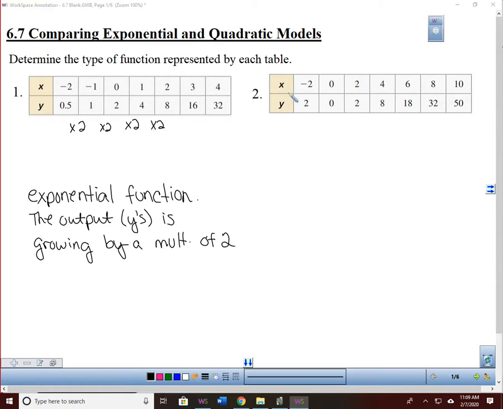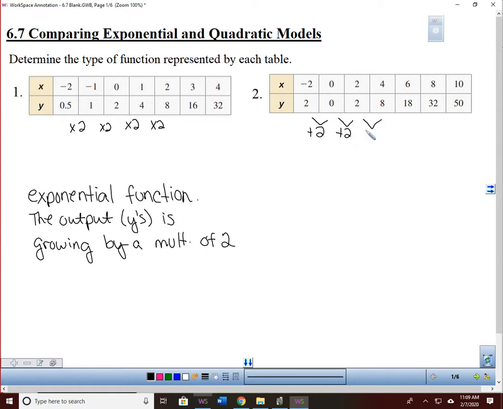All right, so if I look at this one, I notice that my x's are going up by 2 every time. Okay, we need for that to be a constant thing. All right, but if I look down here, I notice that to get from 2 to 0, I am adding 2. And to get from 0 to 2, I'm adding 2.